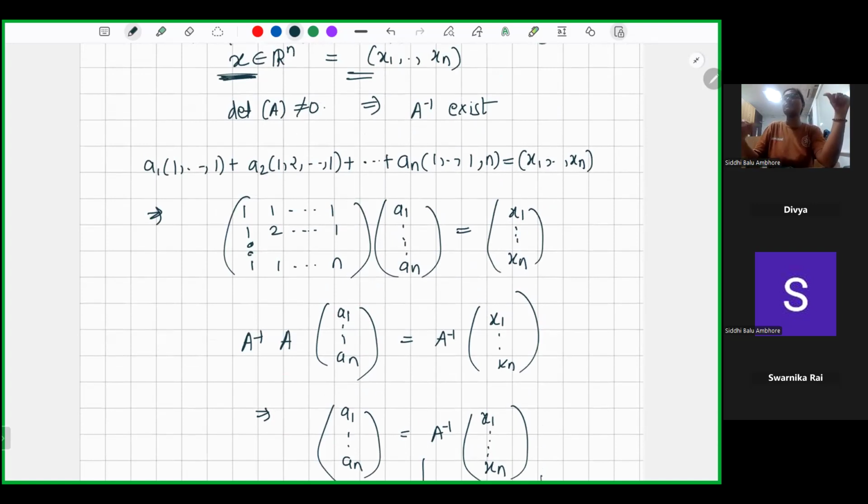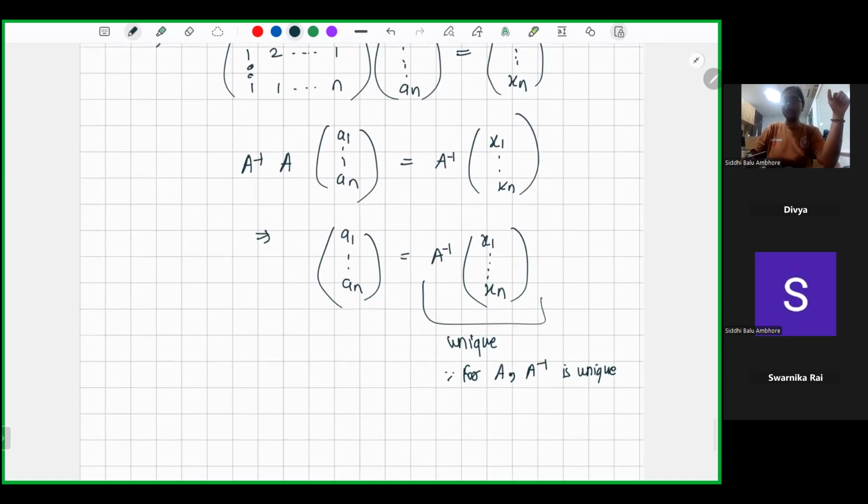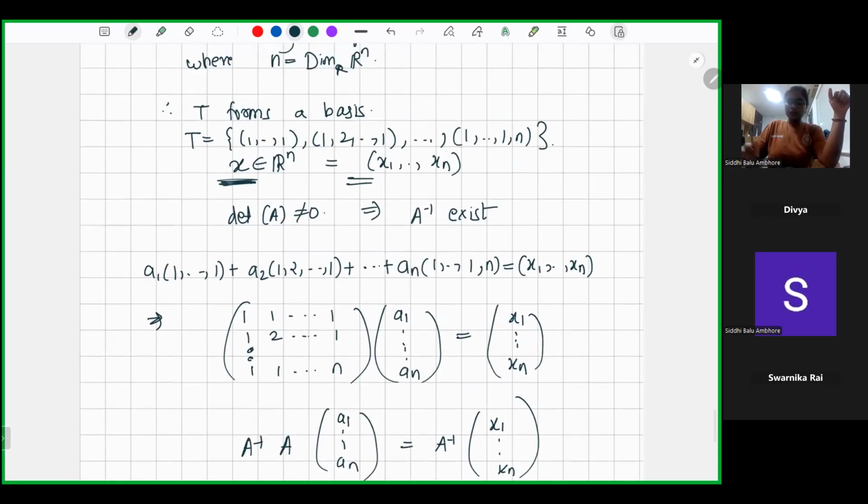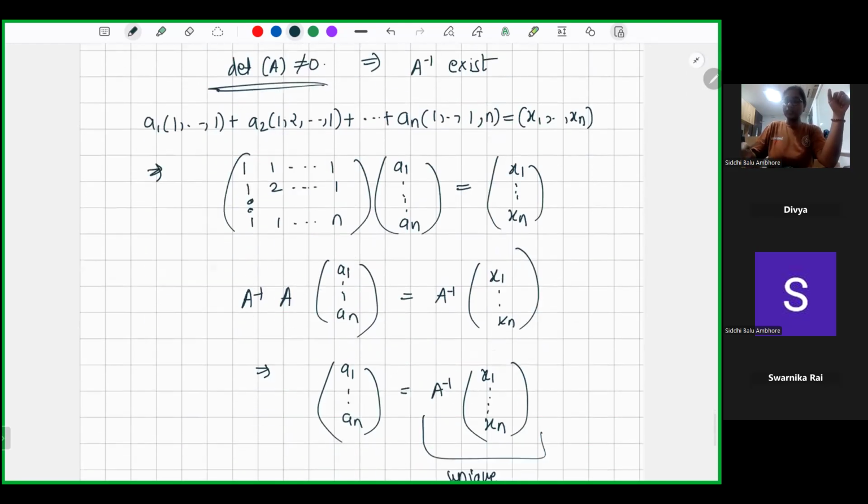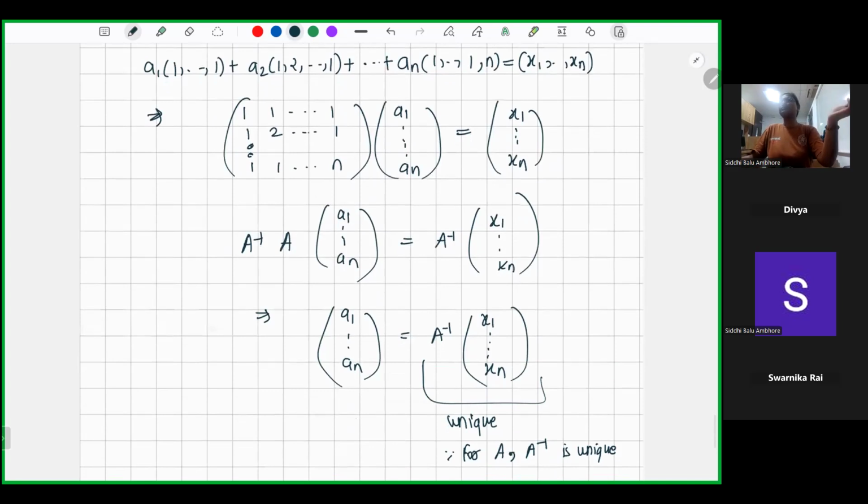If it's 0, then it won't be a linearly independent set. And once it is linearly independent, this determinant will be non-zero, and it will give me the expression in terms of the basis of those elements. Is that okay?